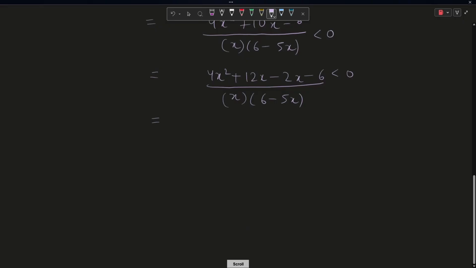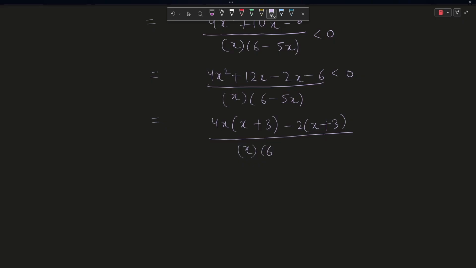On factorizing, taking 4x common, we get 4x(x plus 3) minus 2(x plus 3), whole divided by x into (6 minus 5x), less than 0. After factorization, what we are left with is (4x minus 2) into (x plus 3) divided by x into (6 minus 5x) less than 0.